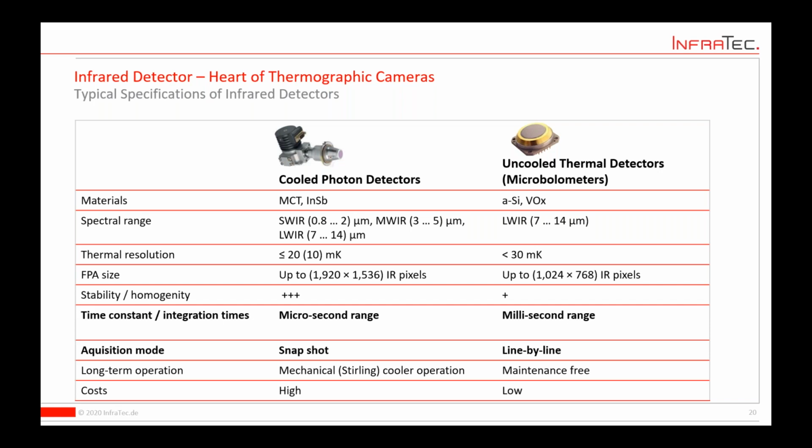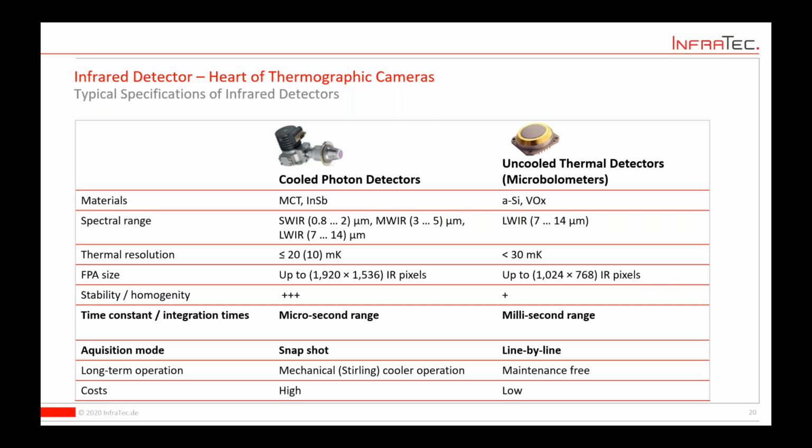On the other hand, we have these thermal detectors, these microbolometer detectors. These are well known for the long wave infrared, between 7 and 14 micrometers typically. They are also available in high resolution. SXGA is the current top for radiometric camera systems, but they have a disadvantage in that they work by line-by-line acquisition.